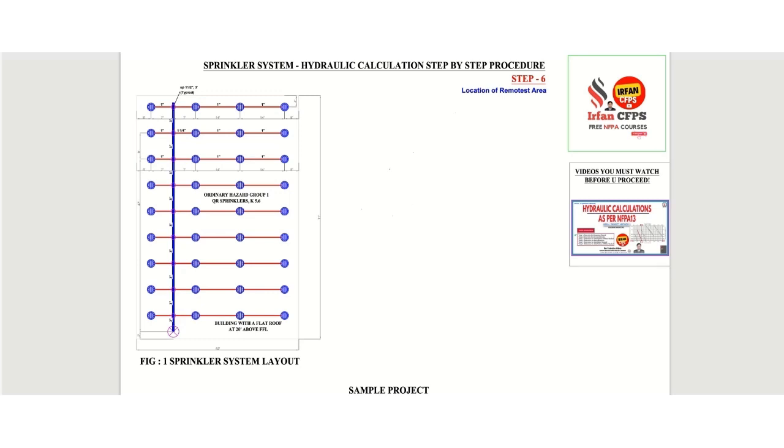Step 6 is the most important part of this hydraulic calculation procedure because we are going to locate the remotest area. As I already discussed in step 5, we are going to consider the rectangular shaped remotest area.